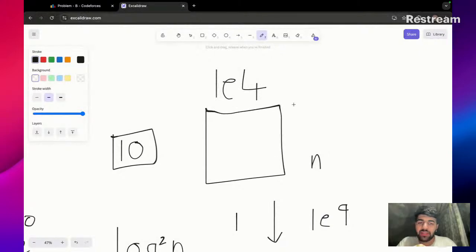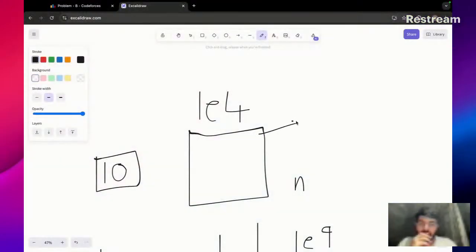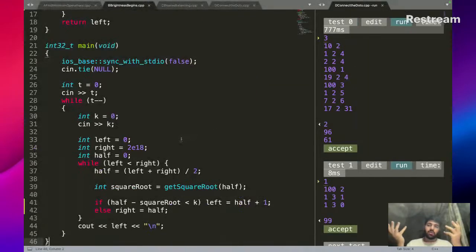Oh, you are iterating, so yes. You'll probably get an AC in system testing. Why would they make weak pretests, right? Unless they don't think about it. Probably. I don't know.